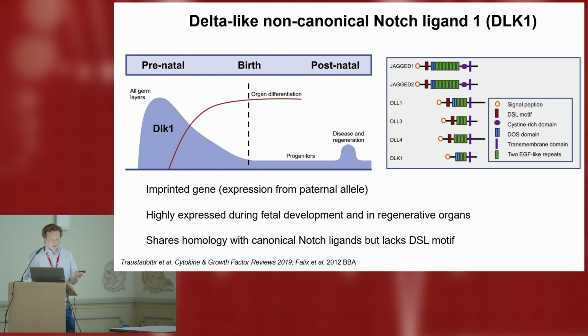It's an imprinted gene. It's expressed from the paternal allele, and it shares a lot of homology to the canonical notch ligands, but lacks the DSL motif, and therefore is not a classical activator of notch receptors.